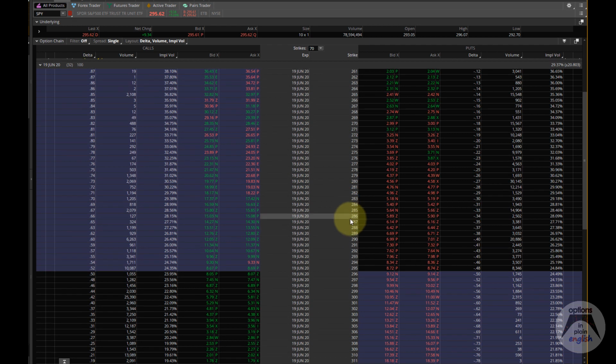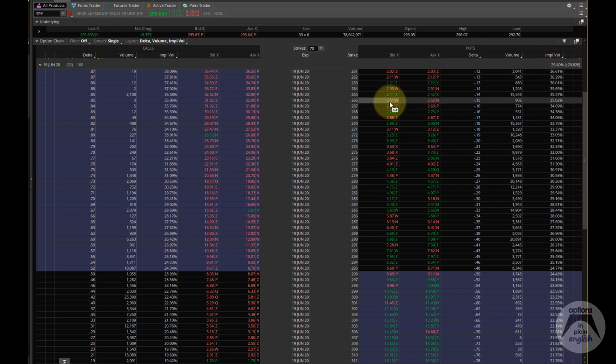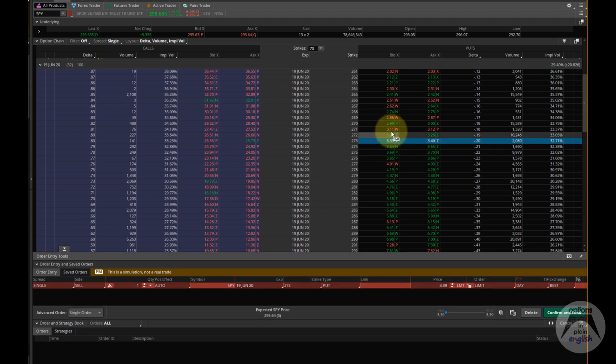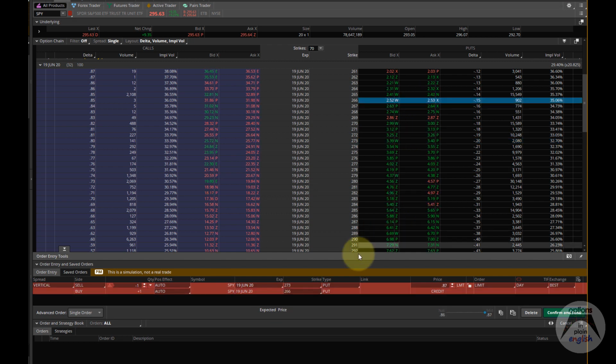So I'm going to start with the put side. The 20 delta is 273 right here, and the 15 delta is the 266 right here. Okay, so 273 is the 20, 266 is the 15, and you have the put side.